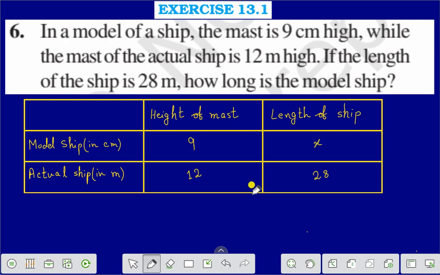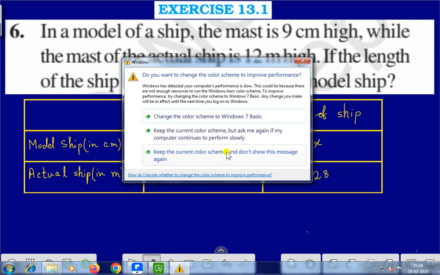Now we see in this question that the dimension of the actual ship and the model ship are directly proportional to each other. Right?